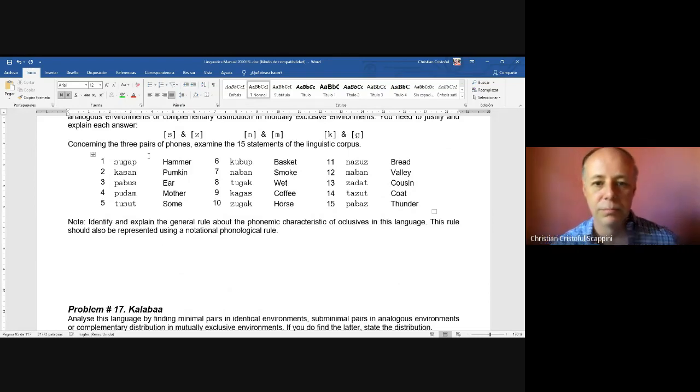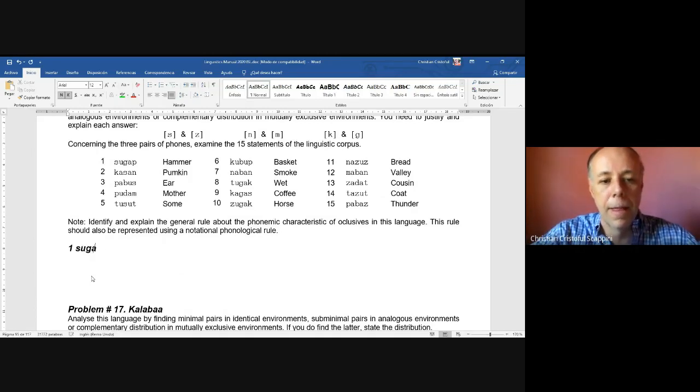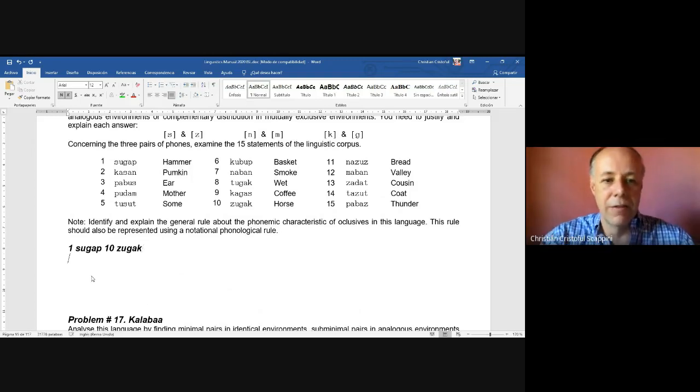No. We have a subminimal pair. Number 1, sugab, versus number 10, zugak. This is a subminimal pair. And we have number 3, pavus, versus number 15, pavas.